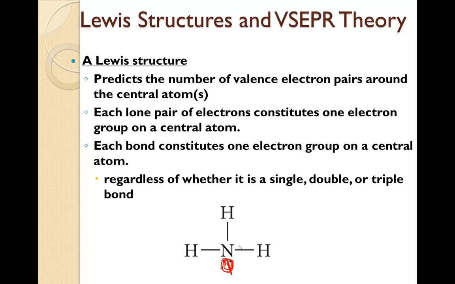Each bond constitutes one electron group on the central atom. So these hydrogens here are also considered part of the groups. So when we're determining shape, we're looking at both the bonds and the lone pairs, regardless of whether it's a single, double, or triple bond.